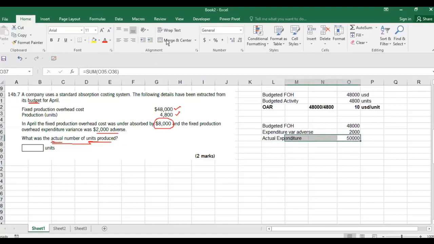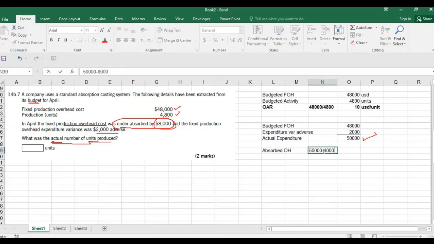But then they also tell you that your fixed production overhead cost was under-absorbed by 8,000. So this is what you actually spent. Now, how much you absorbed? I need to calculate my absorbed overheads. My absorbed overheads will be 50,000 minus 8,000, because under-absorption means that you absorbed less.